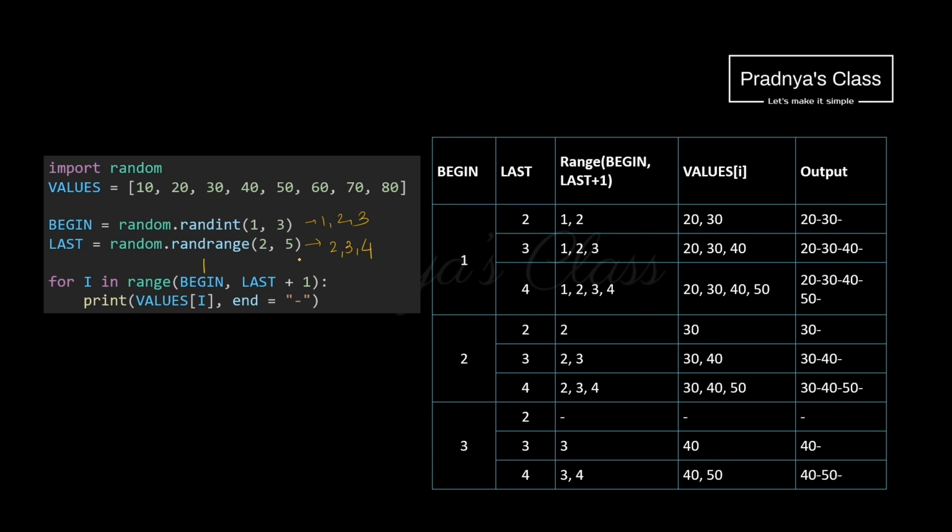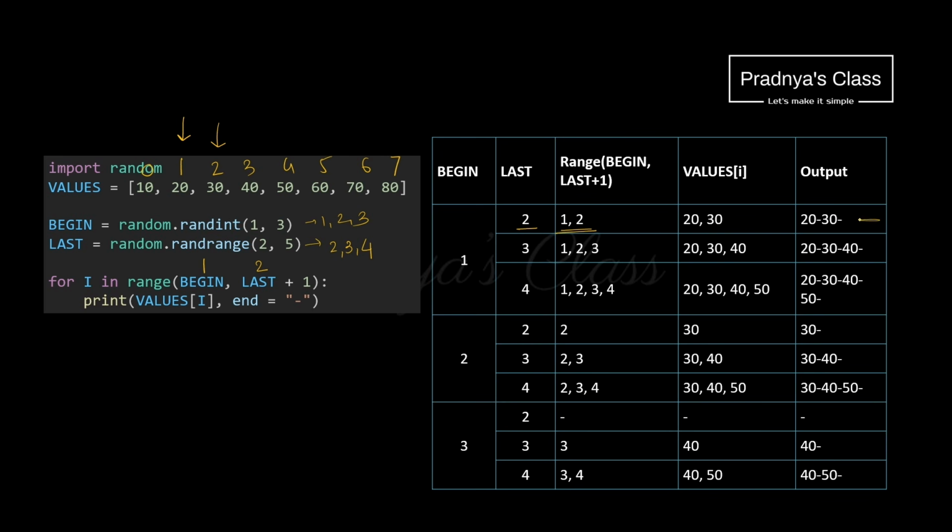If the value of begin is 1 and the value of last is 2, it means I will be 1, 2. Let's write the indices 0, 1, 2, 3, 4, 5, 6 and 7. The element which is at index 1 is 20, 20 and then dash. And the element which is at index 2 is 30, 30 and dash.